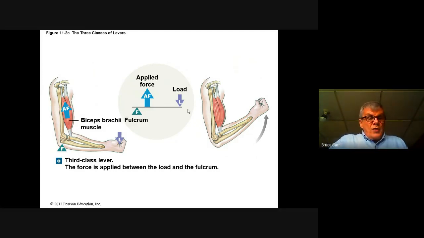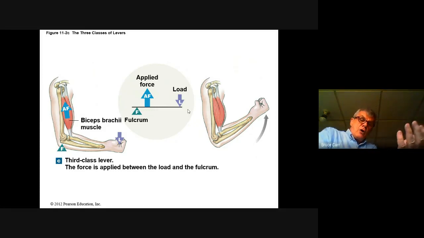So this is an example where the fulcrum is the humerus to ulnar joint, a hinge joint, and the load will be your entire arm and hand and whatever you have in it. If you can imagine a barbell in this hand, that could be a big load. So when I attach the muscle here, the applied force, I basically am pivoting the fulcrum to produce a flexing movement.